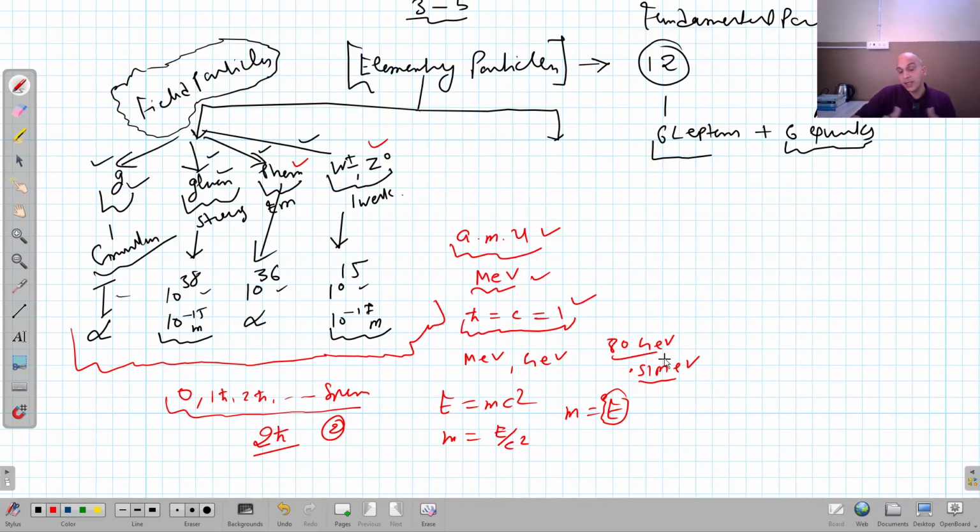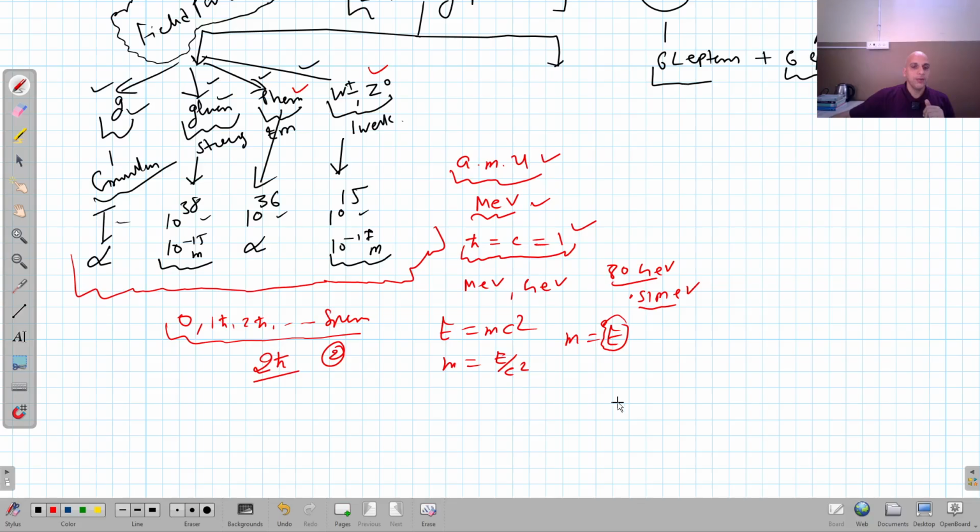So the examiner can ask you in multiple choice questions what is the mass, and we should not confuse that the unit of mass is kilogram or gram. Here the units used are different. That's why I was saying that the spin of the graviton can be written as 2 h cut or simply 2, because we are taking h cut equal to 1. Similarly, we are also taking c equal to 1.